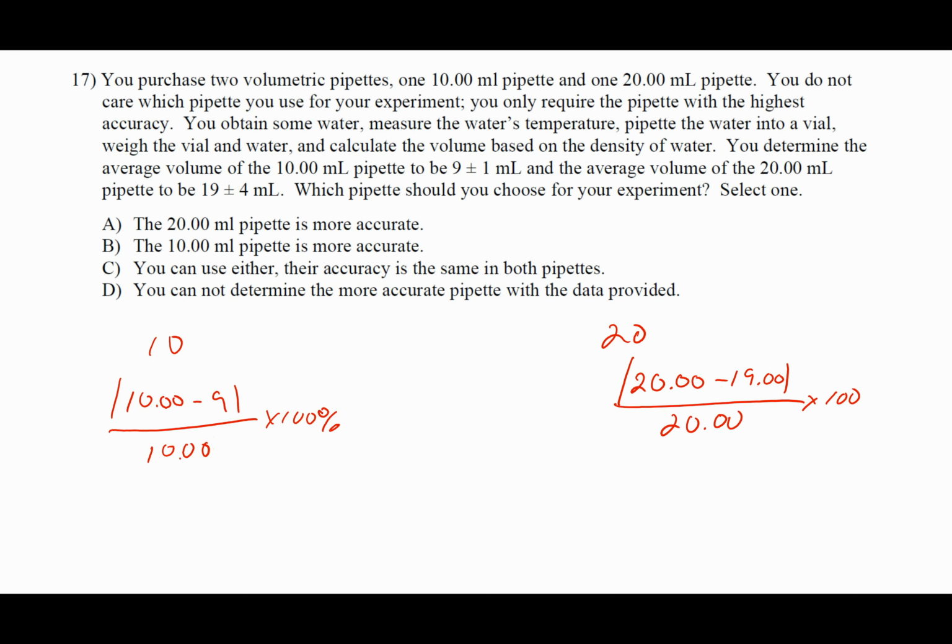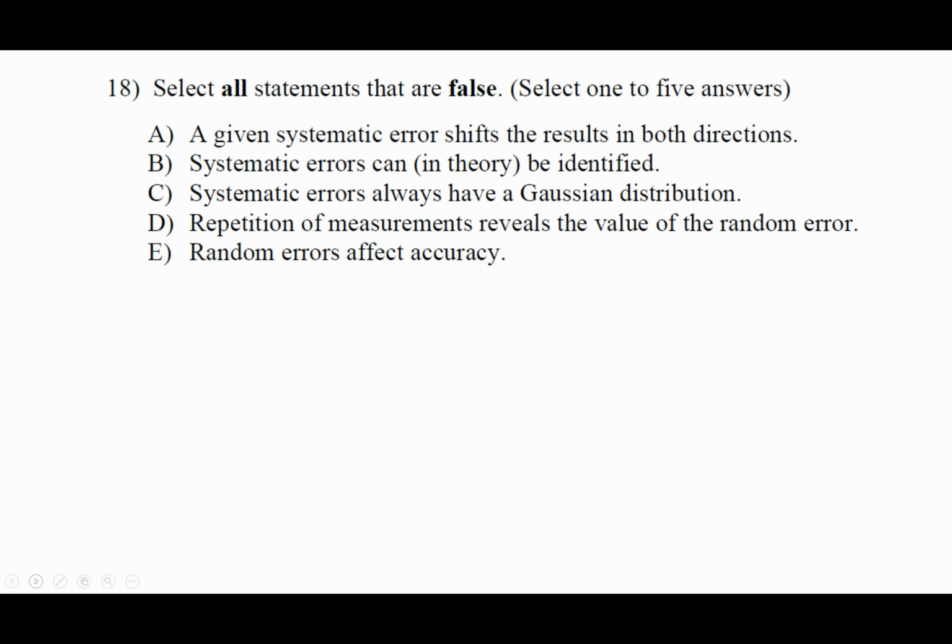Here you'll see it's 1 over 10 times 100%, or 10% error. And here you're going to see it's 1 over 20, or 5% error. So this one has more accuracy than the other. So the answer is A, because 1 over 20 is smaller than 1 over 10, right?